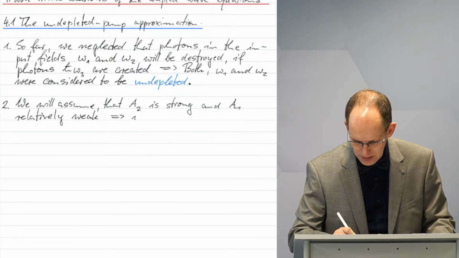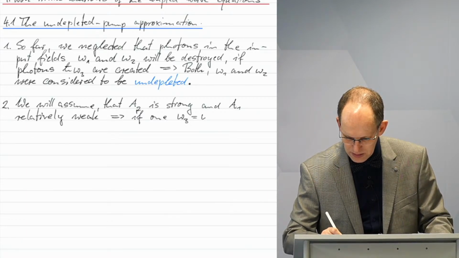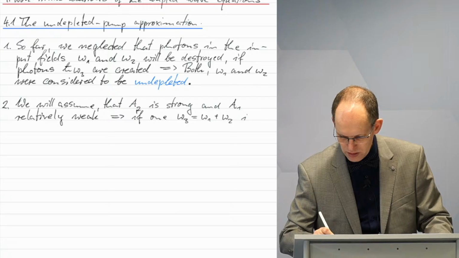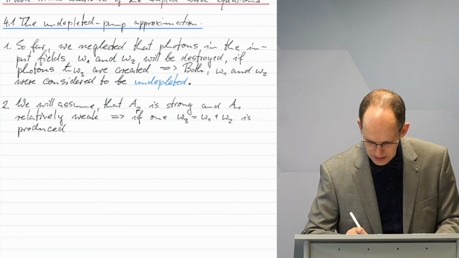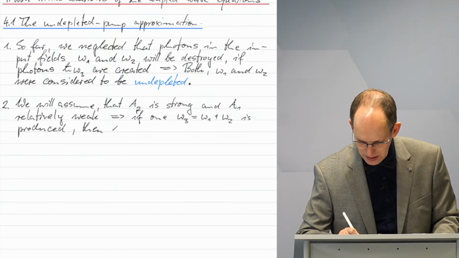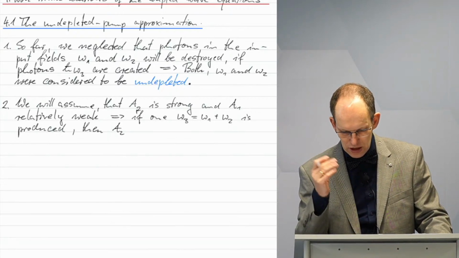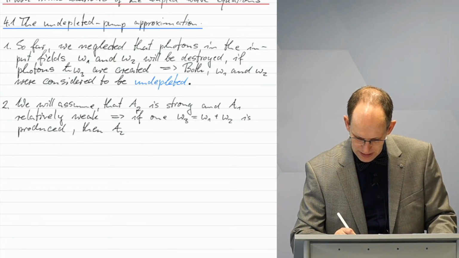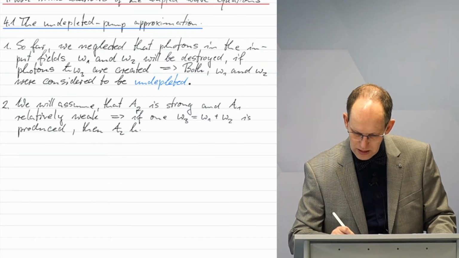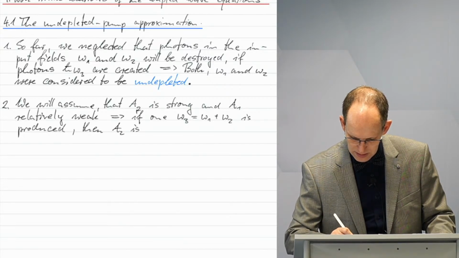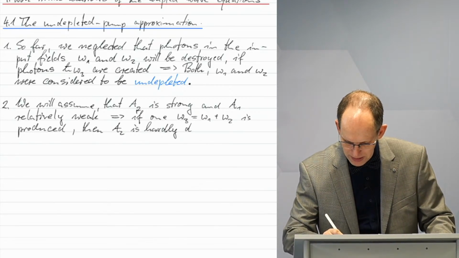And this means if one photon omega 3 equals omega 1 plus omega 2 is produced, then A2 hardly gets weaker. Yeah? So if we have so many photons and just take a few, then A2 is hardly affected. Is hardly, well, let's say depleted.